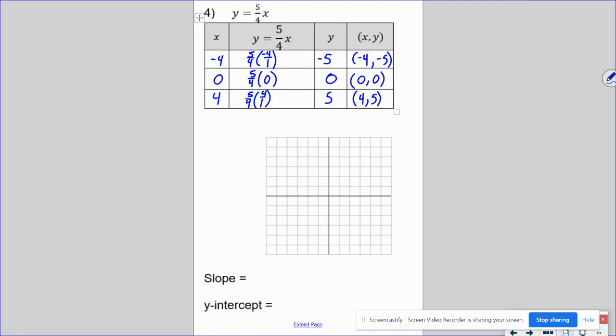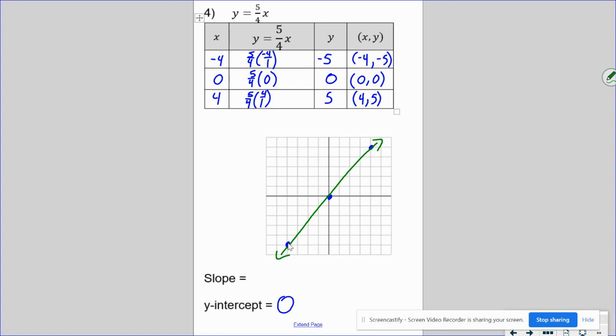All right, so -4, -5, my origin. So that tells me why the y-intercept is 0. And then 4, 5. And make my line.